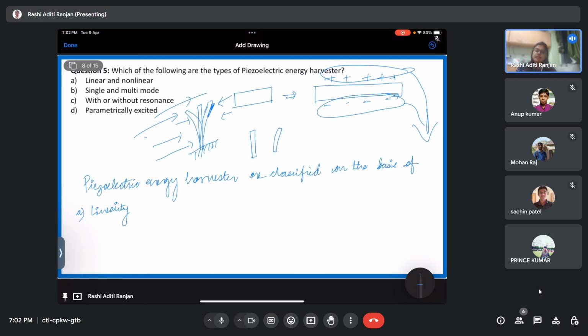While if it is having a very large amount of deformation, then in that case I can say that my system is behaving non-linearly. So on the basis of what amount of deformation my system is going to have, I can classify my piezoelectric harvester into two categories, linear and non-linear. I guess this is clear and this is very simple. Linear and non-linear.